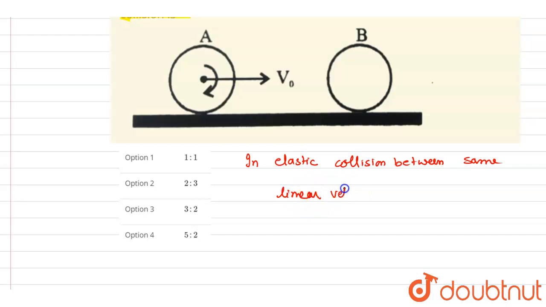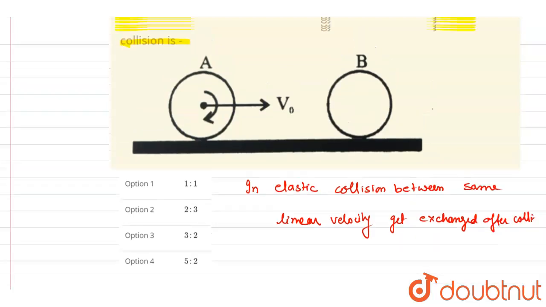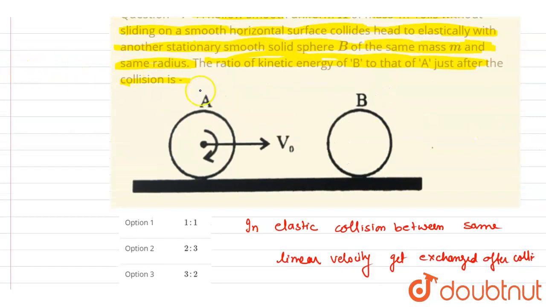So after the collision, A will have zero velocity and B will have the same velocity that A was having, so it will have V naught velocity like this.